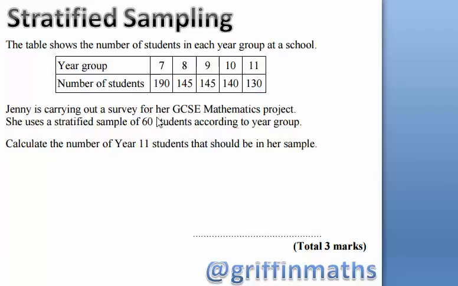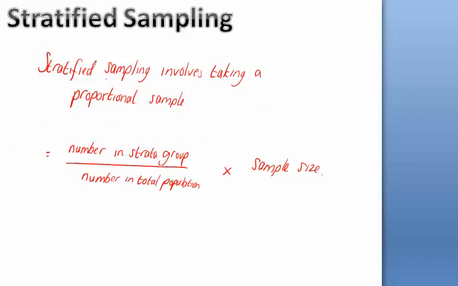So here we want to take 60 students in our sample, and because there are more Year 7 students in the population, we would take more Year 7 students than we would 8, 9, 10, 11 in the same proportion. So the stratified sample involves taking a proportional sample, and how we do this is find the number in the strata group we want to sample over the number in the total population and then times it by the sample size.